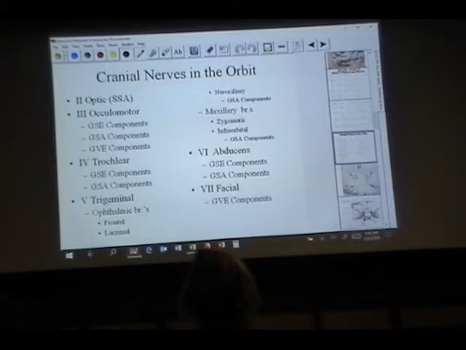GVE. What's GVE? General visceral efferent. What is it? Parasympathetic. Remember, there are 4 cranial nerves that are parasympathetic: 3, 7, 9, and 10. So this is the highest cranial nerve in relationship with the craniosacral aspect of the parasympathetic nervous system.